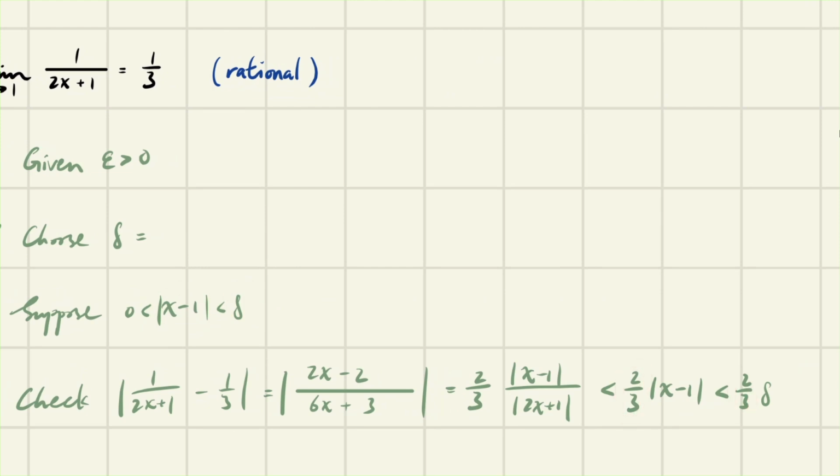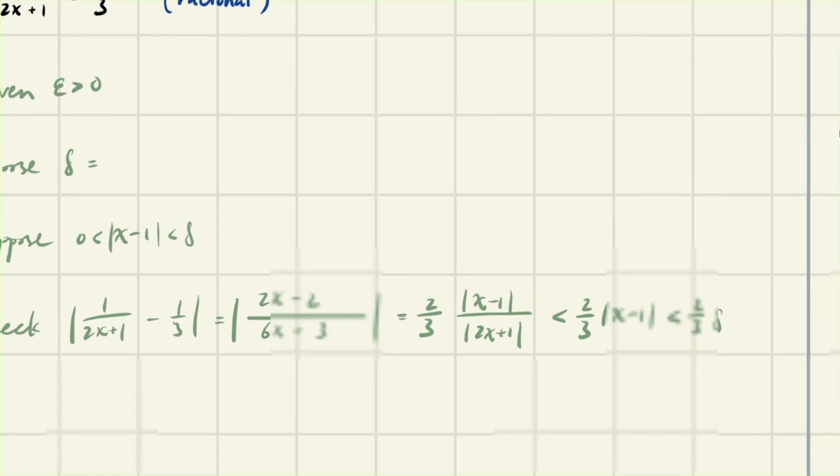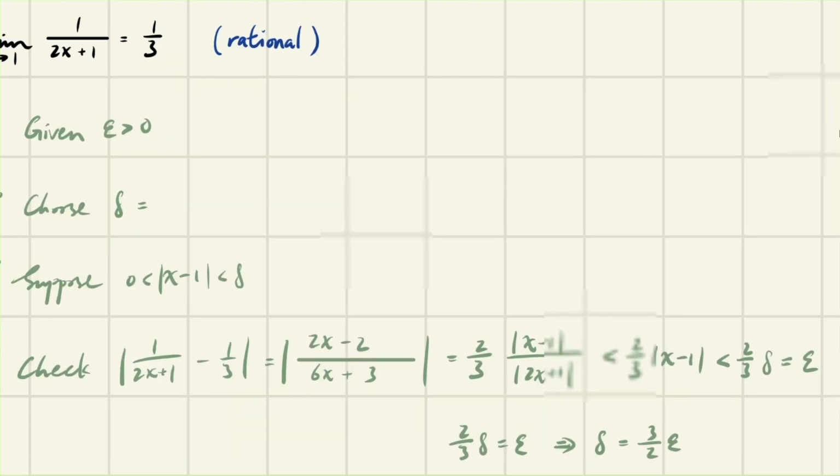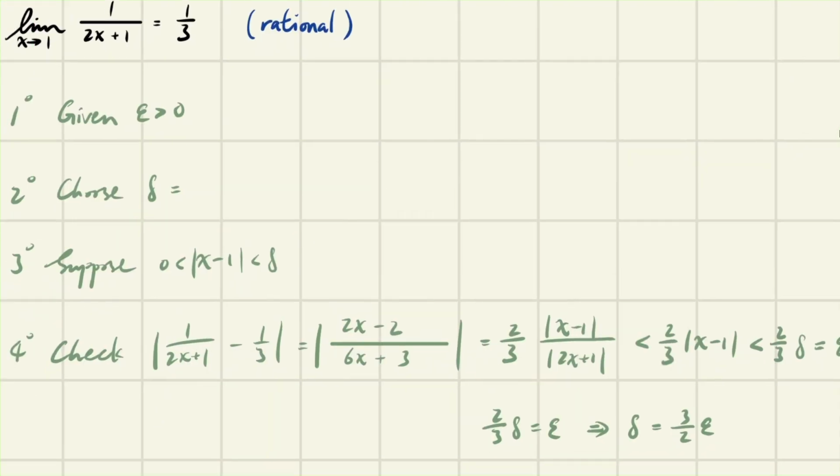And here we can choose it as our epsilon. So 2/3 of delta equals epsilon, meaning that our delta equals 3/2 epsilon. So now we have it. We choose our delta equals 3/2 epsilon. That's how you write an epsilon delta proof for a rational function.